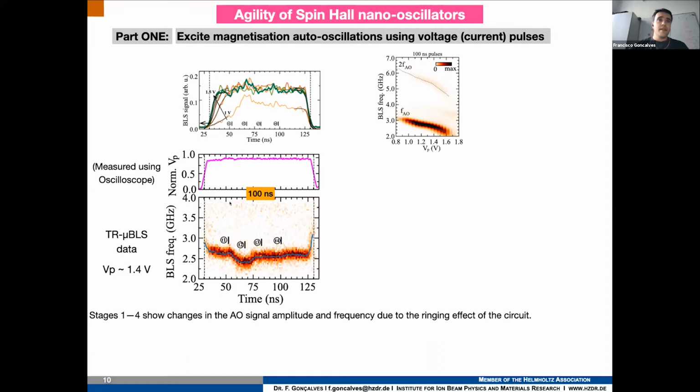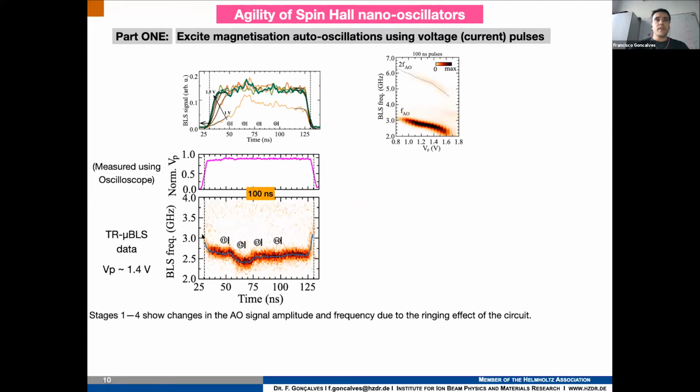We can see this for 100-nanosecond pulses, which is the same as what I've shown you before. For this particular data set, I applied a voltage pulse of 1.4 volts, which corresponds to one of the maximum values we got here.